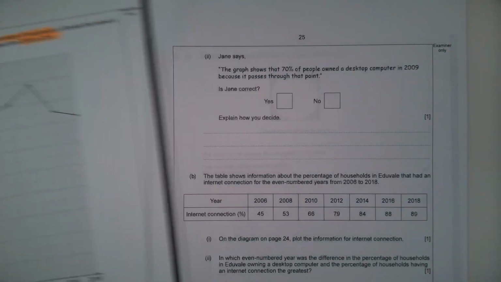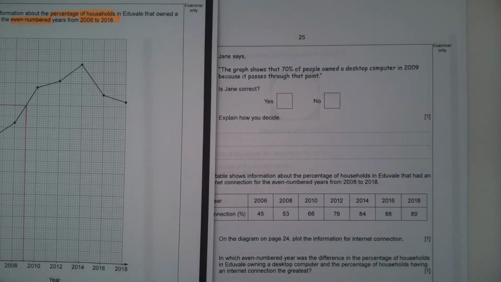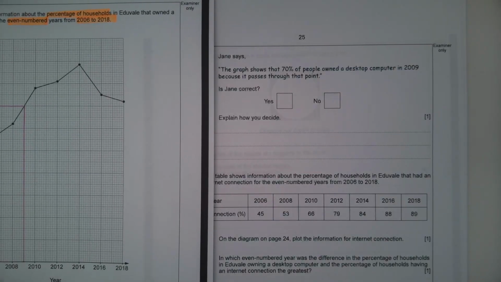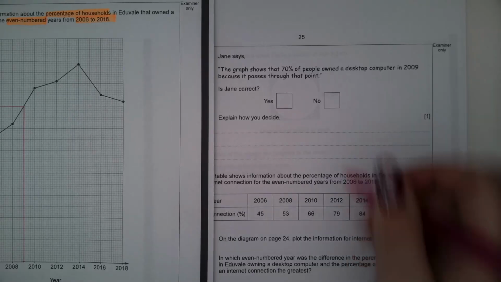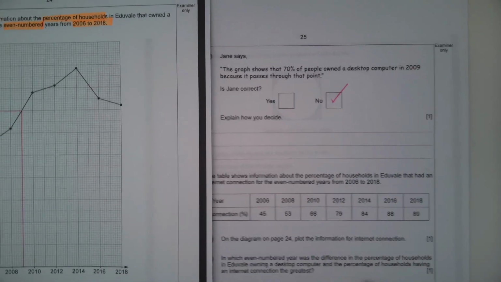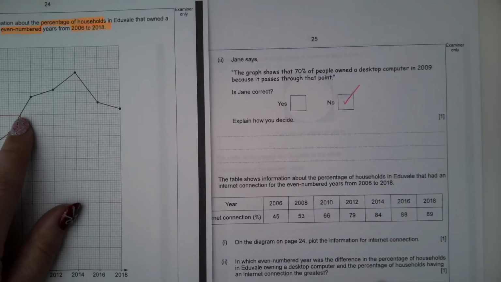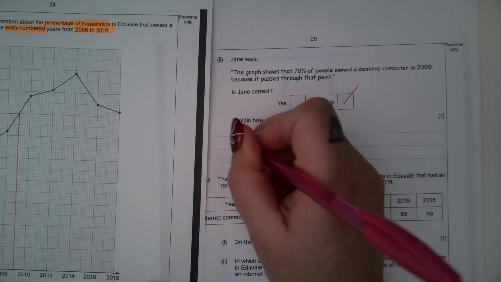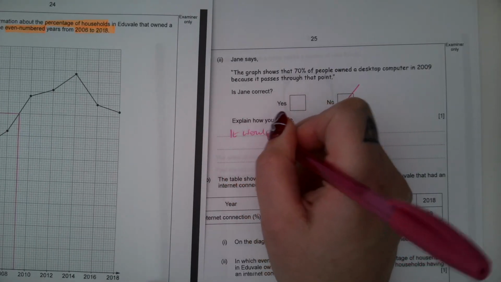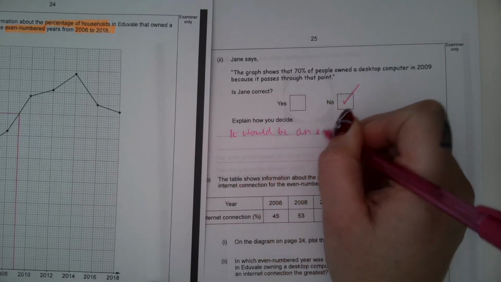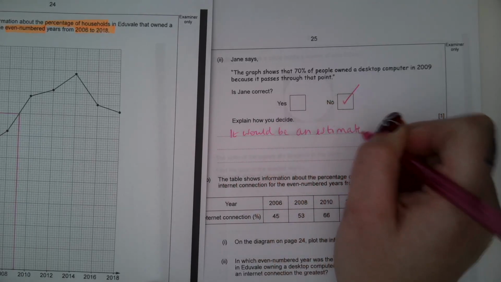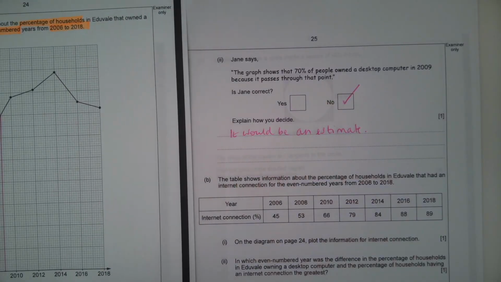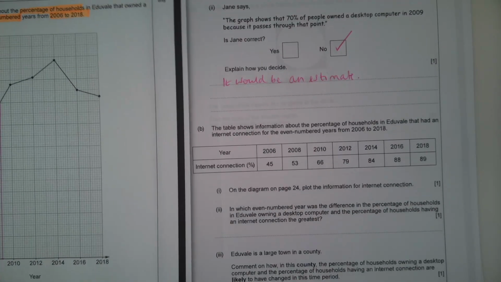Okay. So, yeah, she's right. It passes through that point, but we don't know the exact value for 2009. So no, she's not correct, because this would just be an estimate. Okay, it would be an estimate. We can't say for certain because we don't have an exact point plotted.